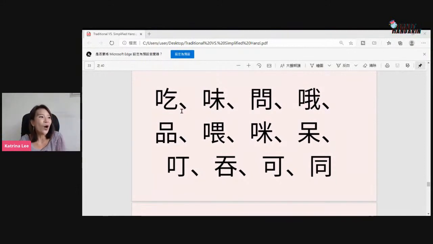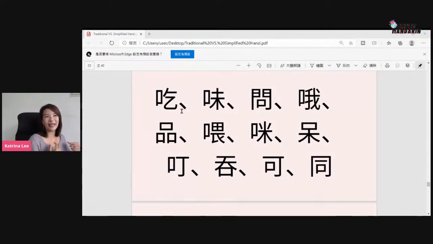And when we were young, me and my sister, we used to play a very stupid game when we were really bored. I would ask my sister, okay, write something on my back. We play this character guessing game.